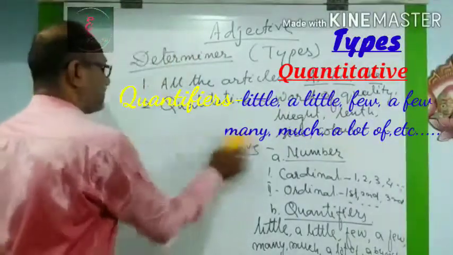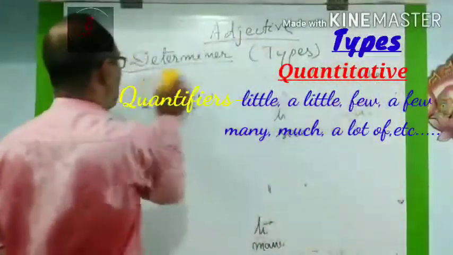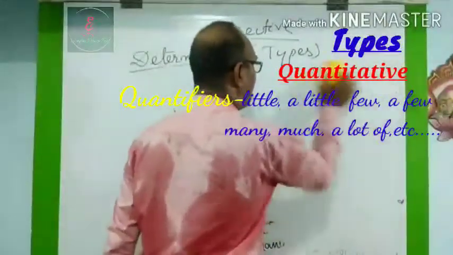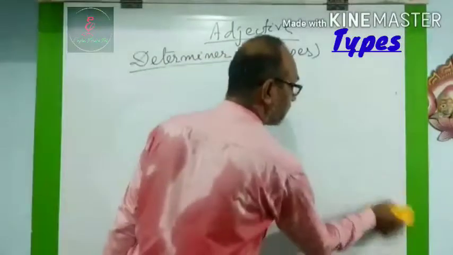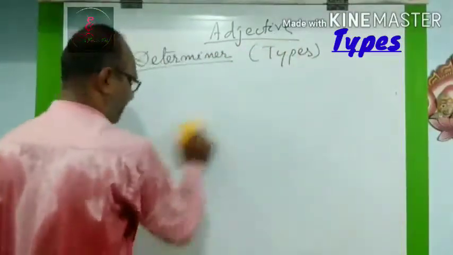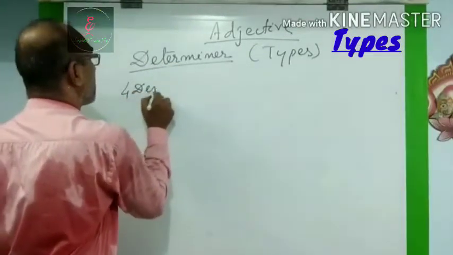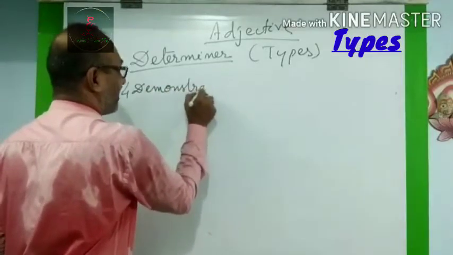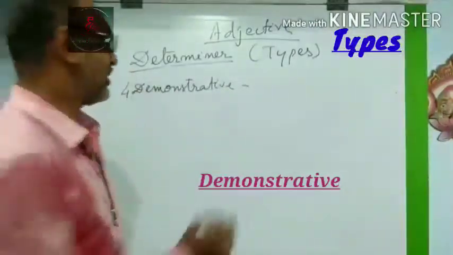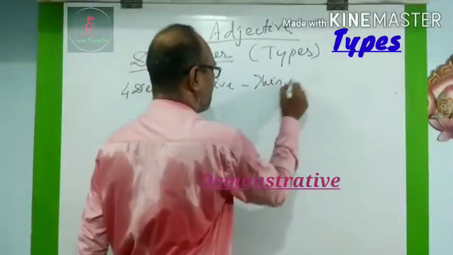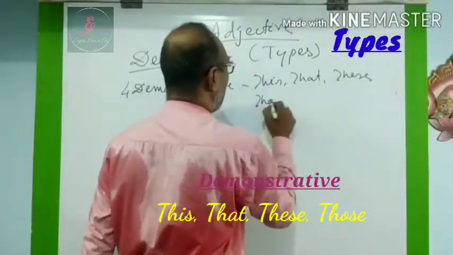Now, the fourth type of determiner is the demonstrative determiner. Under this demonstrative, there come only four words: this, that, these, and those.